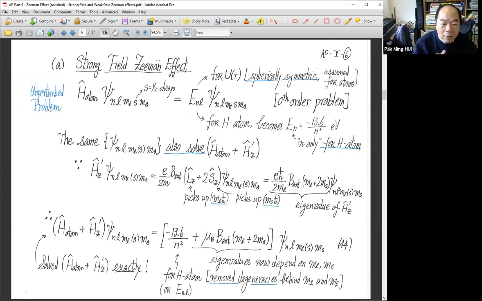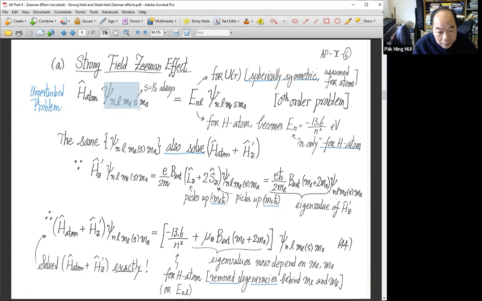The first thing now is strong external field. The more important term will be the Zeeman term. Subscript Z means Zeeman. Okay, so the Zeeman term is of this form. We already discussed it. When we see we have LZ operator and SZ operator in the Zeeman term, we should be happy because we don't need to do anything.